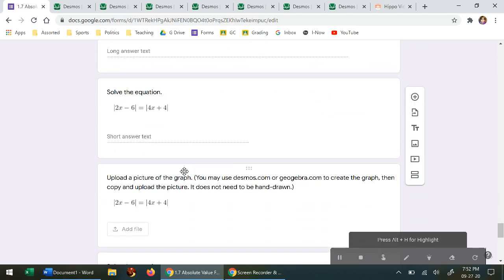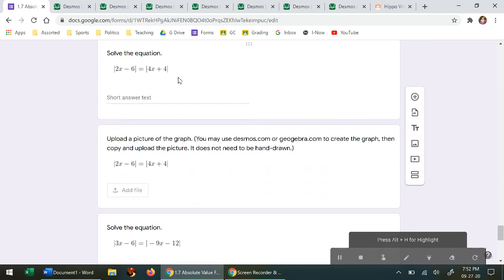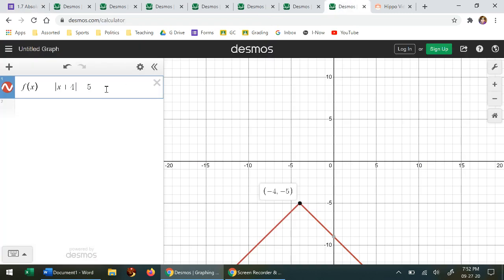Looking down here at the two problems that we have with absolute values on both sides, we're going to use the graphing calculator to solve this. We're going to treat the left side and the right side as two different graphs, and we're going to see where they intersect, and we're only looking for the x number. So let's go back to our Desmos calculator.